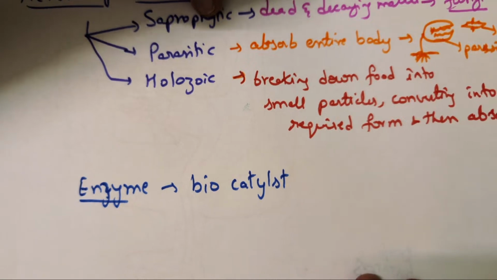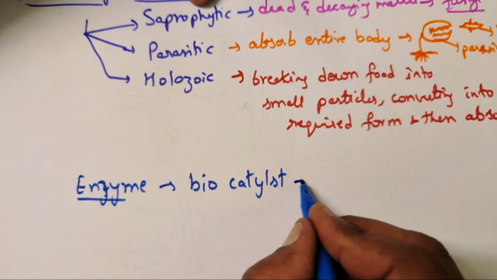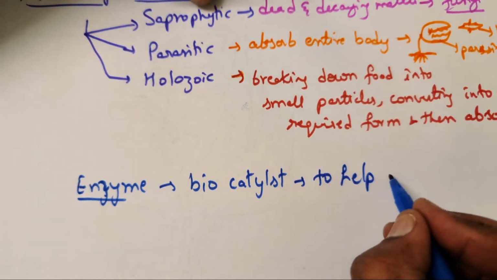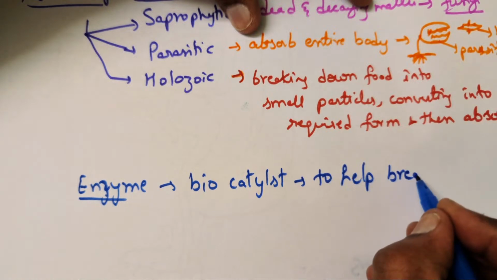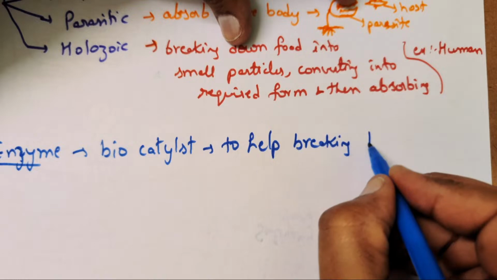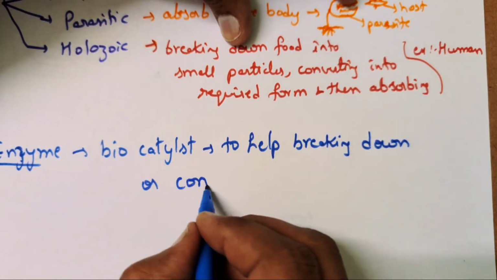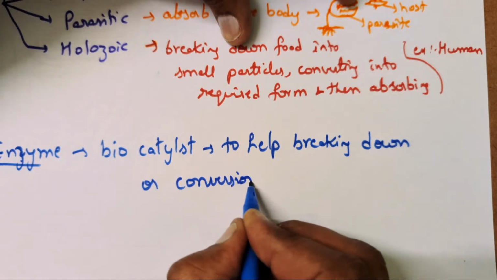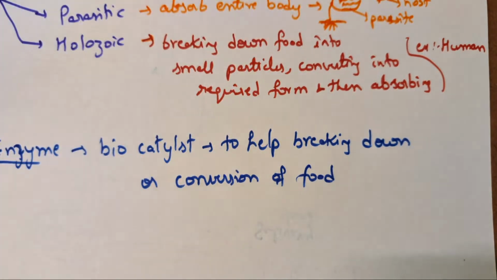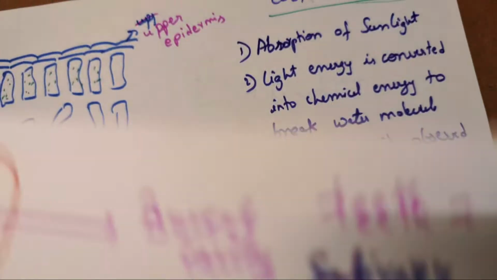Here enzyme is a biocatalyst because it is prepared by our body itself, and this will help in breaking down or conversion of food. We'll see each of the different enzymes we have in our body during digestion and how it is happening.